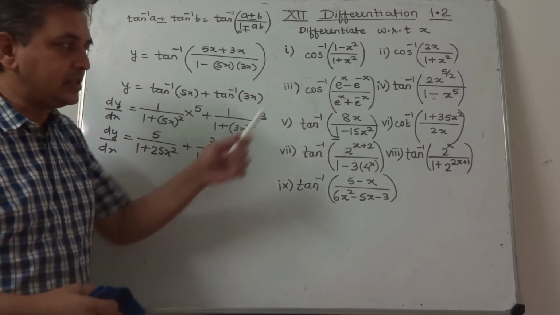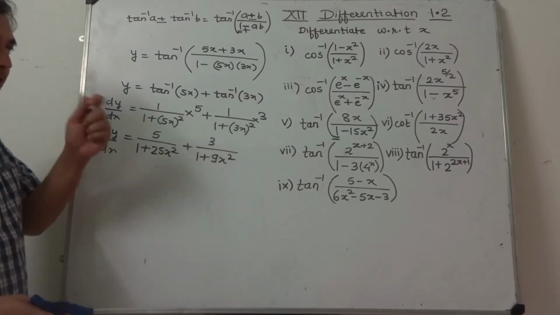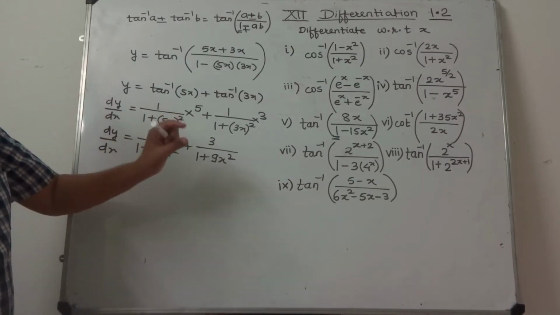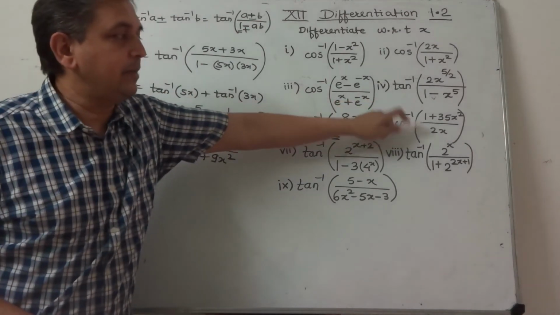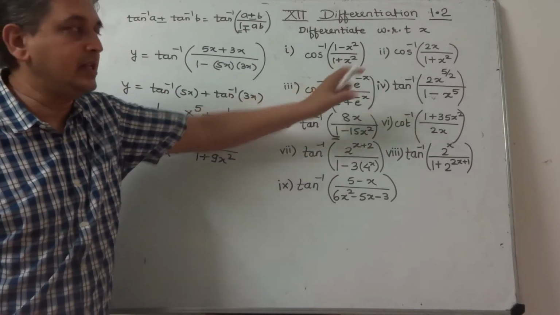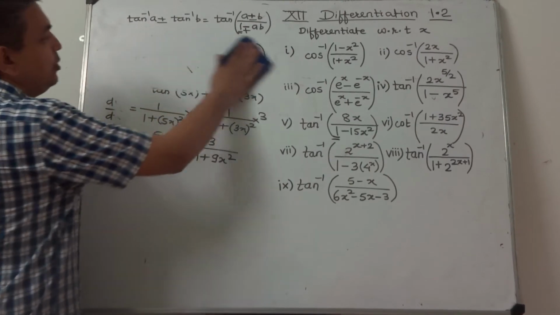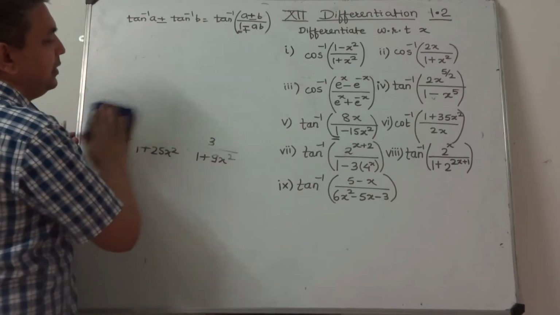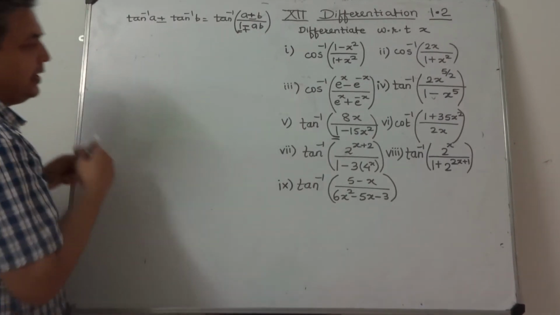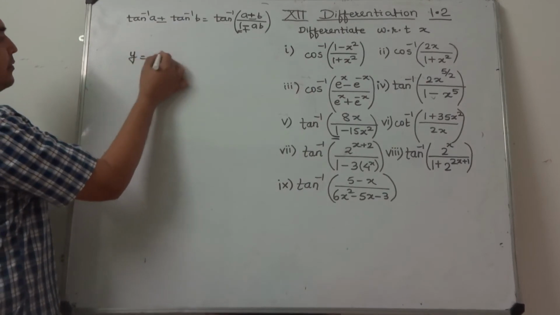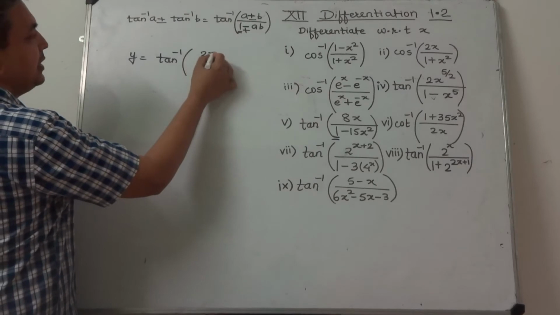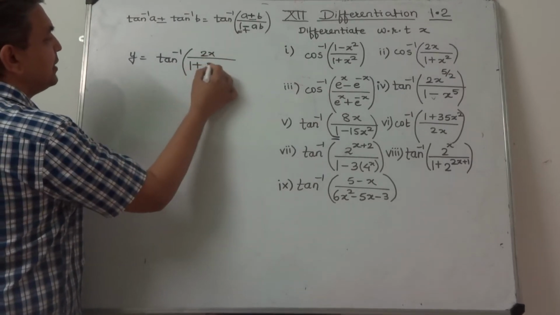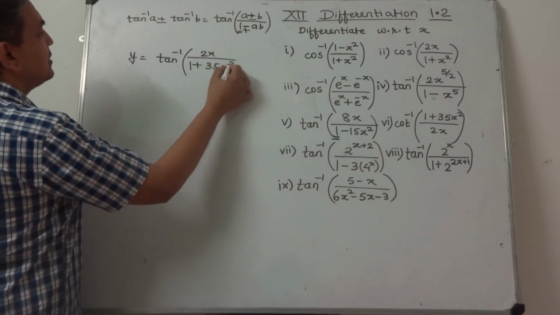Now students, in the sixth question we have cot inverse, but we know the inverse formulae. Cot inverse can be written as tan inverse of the reciprocal, and this bracket will be taken reciprocal. So what do we get? Y equal to, in place of cot inverse we write tan inverse, and the reciprocal of the term inside the bracket, that is 2x upon 1 plus 35x square.